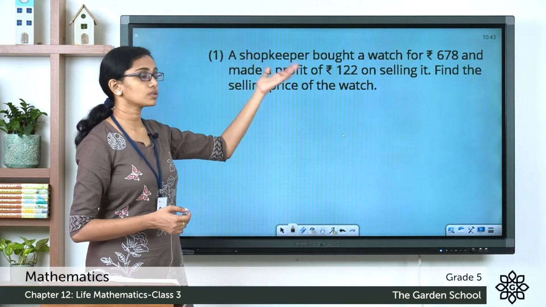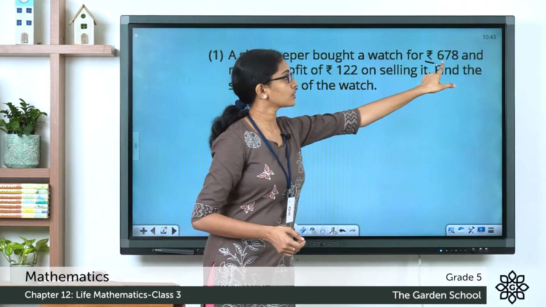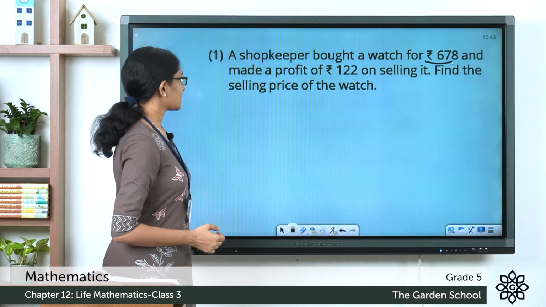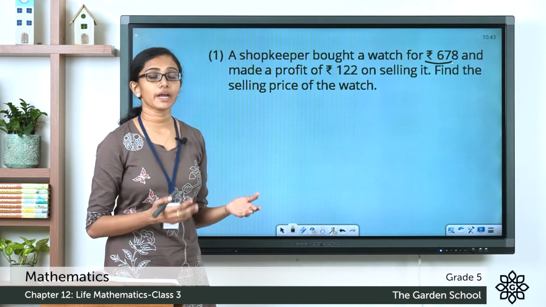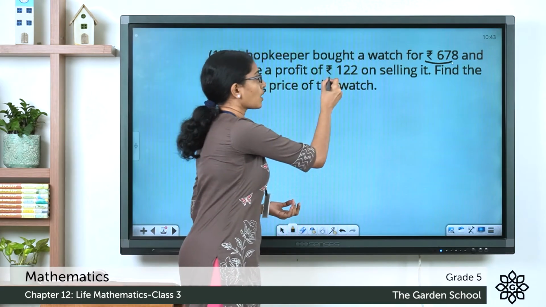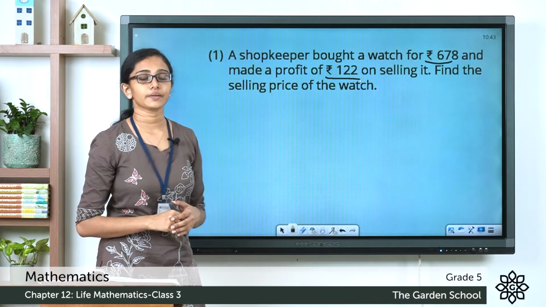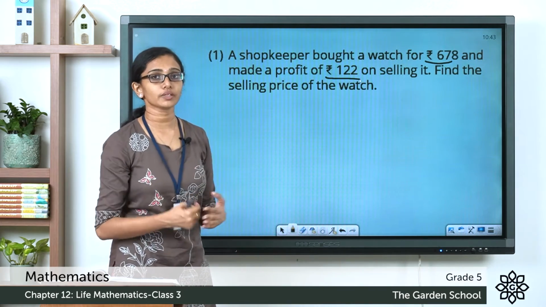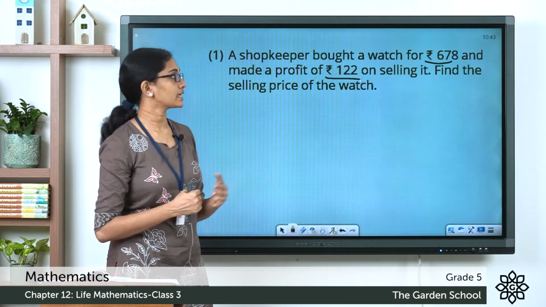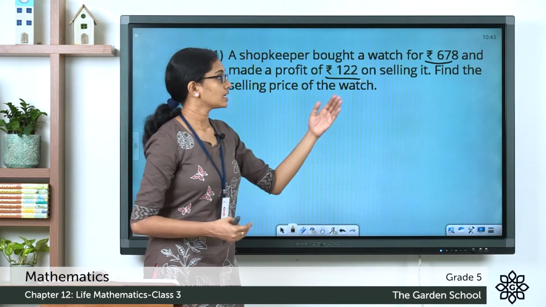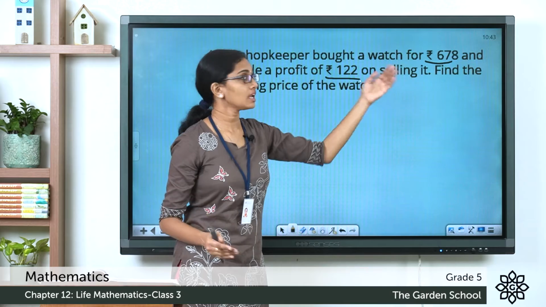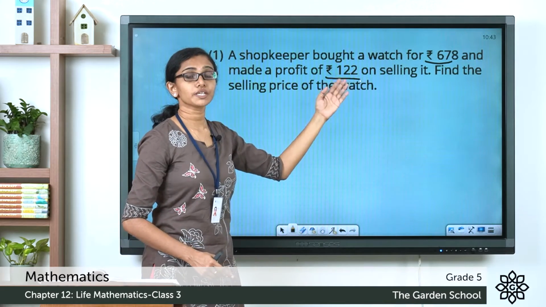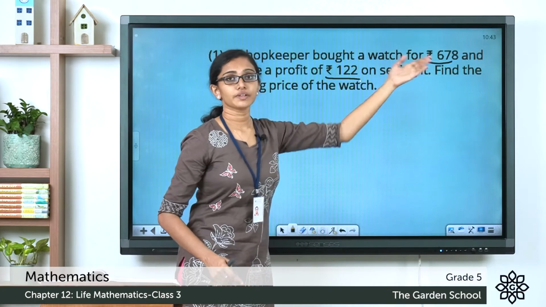The buying price or the cost price is given, which is equal to 678 rupee, and it says that the shopkeeper made a profit of rupees 122 on selling it. So to make a profit, the selling price should be more than the cost price or the buying price, which means the shopkeeper should sell this watch at a price 122 rupees more than 678 rupees.